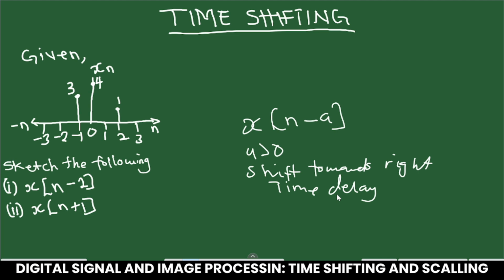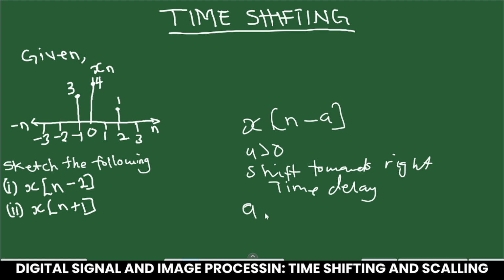Let's say you speak through a microphone and you were expecting that through the speaker it should be heard at the time you spoke. But if there is a delay, it will be heard some time later. That is what we describe as time delay, and that occurs when the integer a is a positive integer.